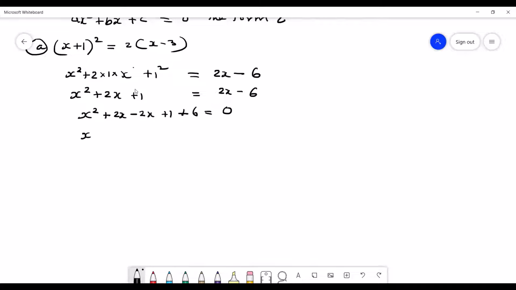Now x square, 2x and minus 2x will get cancelled. Then we get 1 plus 6, which is 7, equal to 0. And for a quadratic equation, it is compulsory that a should not be 0. Here the coefficient of x square is not 0. So this is representing a quadratic equation.